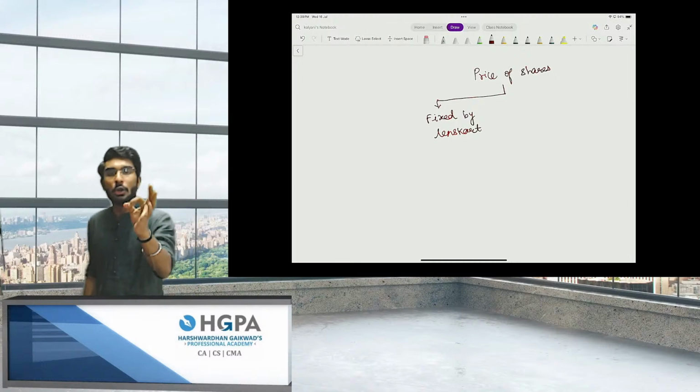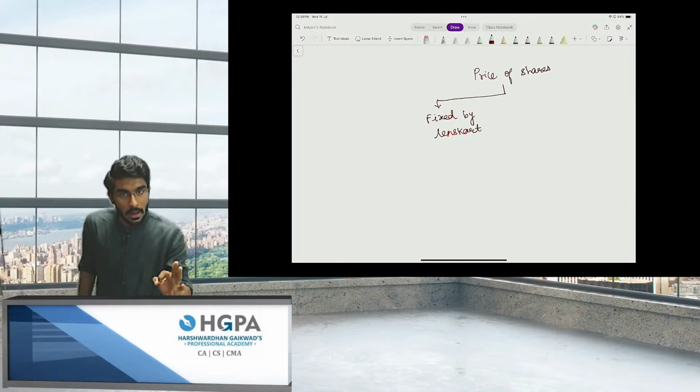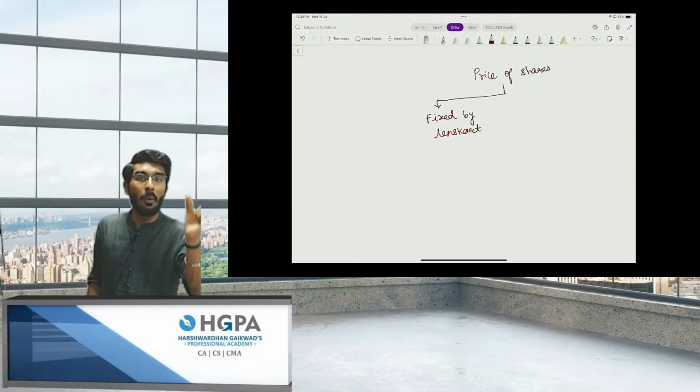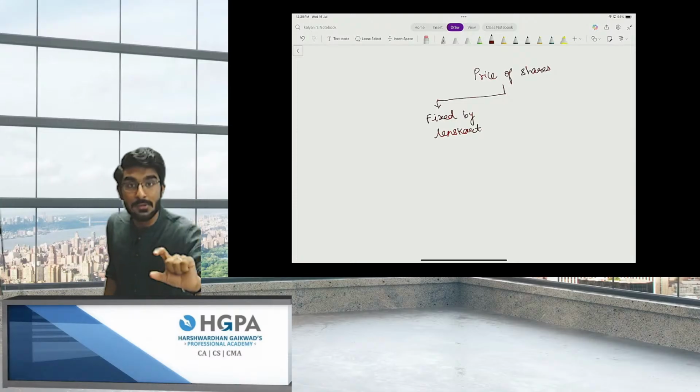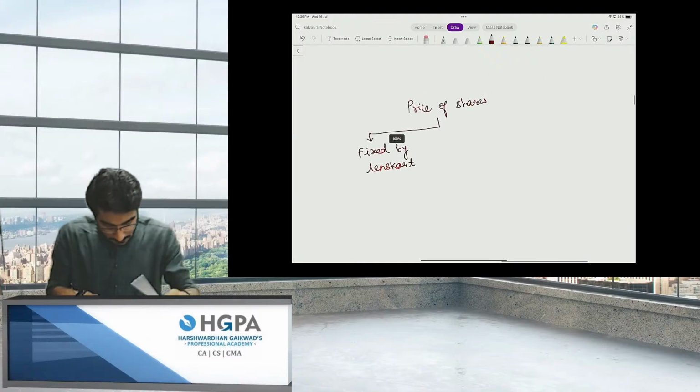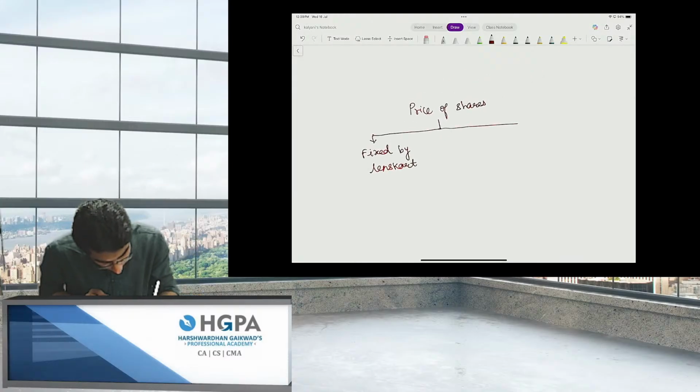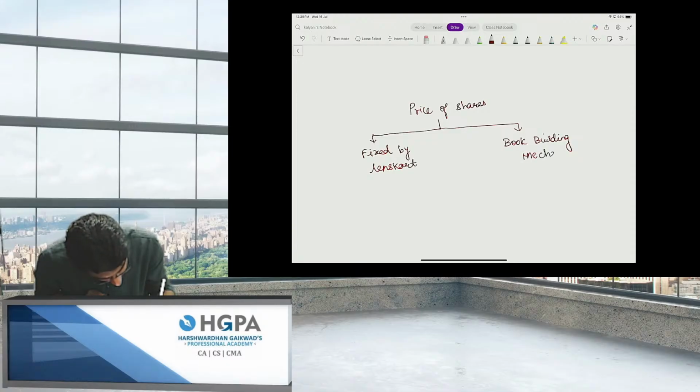Right, people? You are right. But there is one more way of fixing the price, and that is called the book building mechanism.